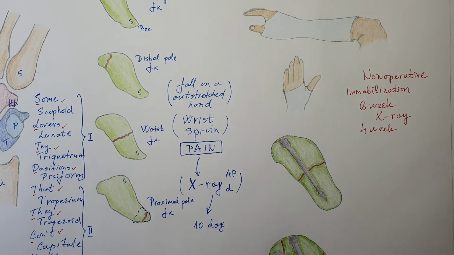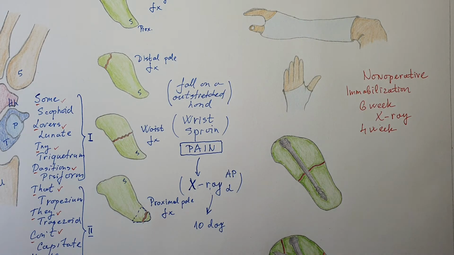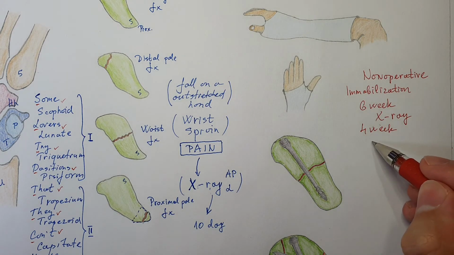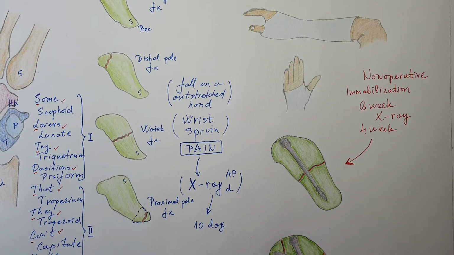And if you see that it is not going the way you would like, so if there is no union, this needs to proceed to an operation. If there is no union, the patient will also feel pain when he moves his thumb and fingers and when he grips things.